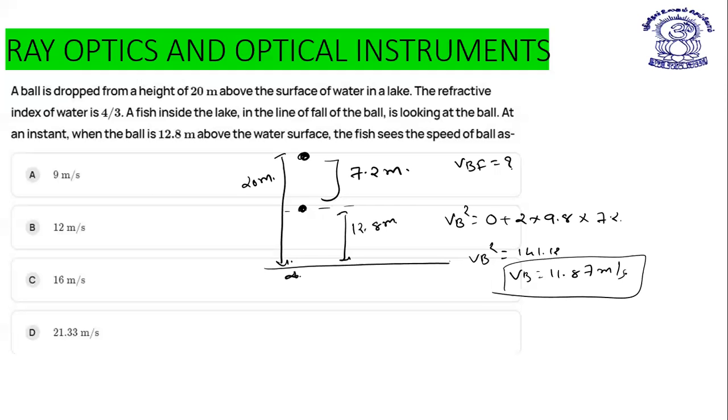Now our observer is inside the water. So the velocity of the ball with respect to the fish will be, first of all, we can write the position of the ball with respect to the fish.